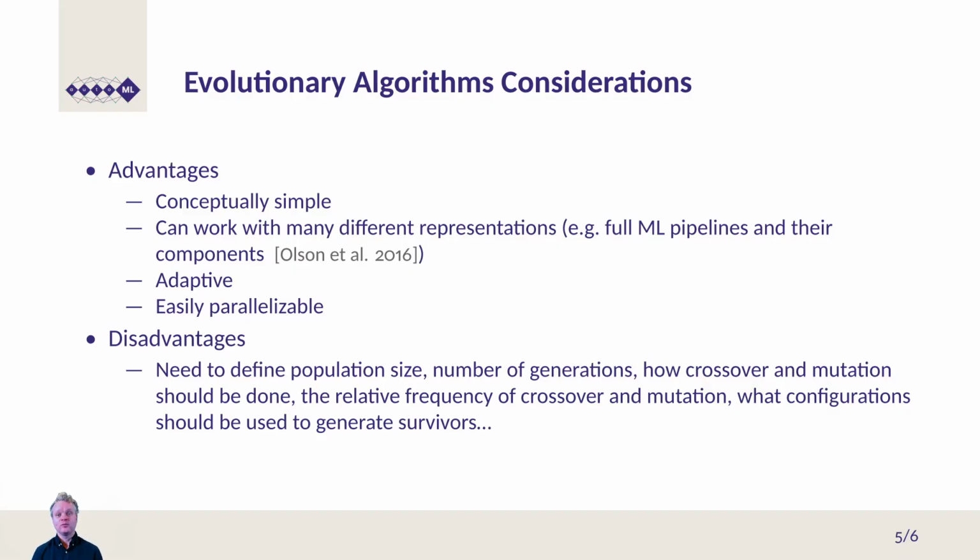So for example, we can optimize full machine learning pipelines with their individual components, and I've given you the reference on the slide here if you're interested in finding out more on that. It is, as I have already mentioned, an adaptive search. We don't blindly search. We don't do a lot of evaluations that we did not need to do because they are not getting us good performing configurations.